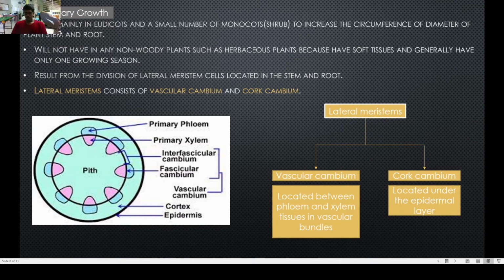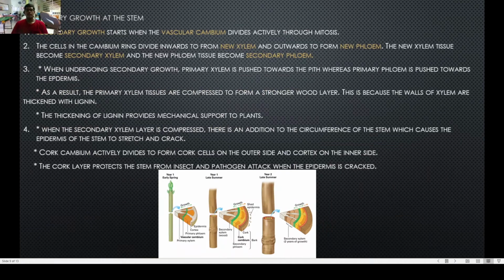So, vascular cambium is located between phloem and xylem tissues in vascular bundles. Cork cambium is located under the epidermal layer. Okay, for the secondary growth at the stem. First, secondary growth starts when the vascular cambium divides actively through mitosis.